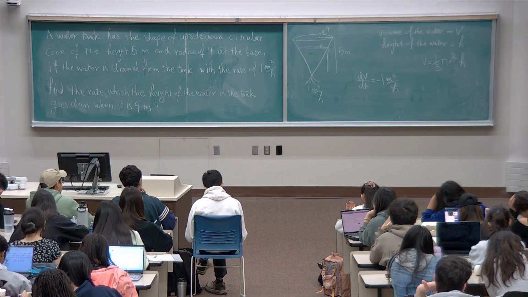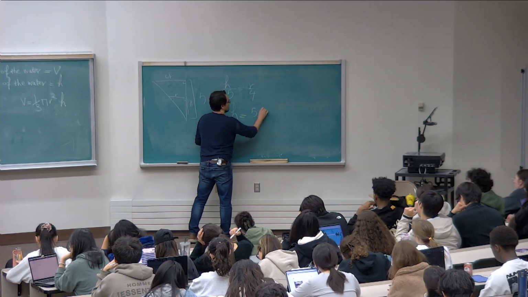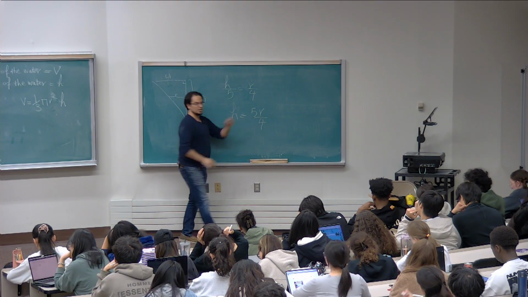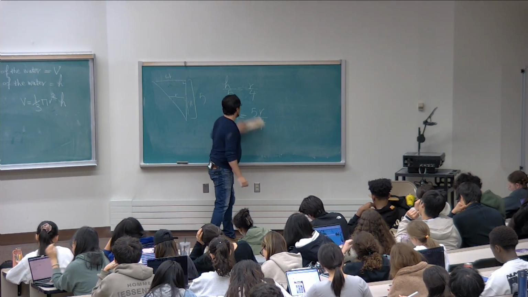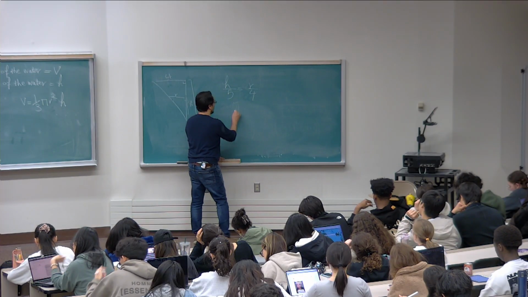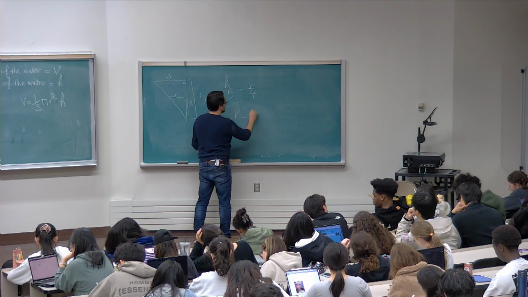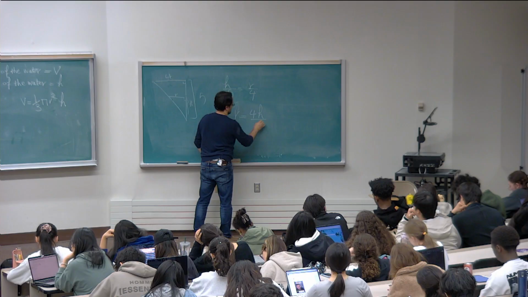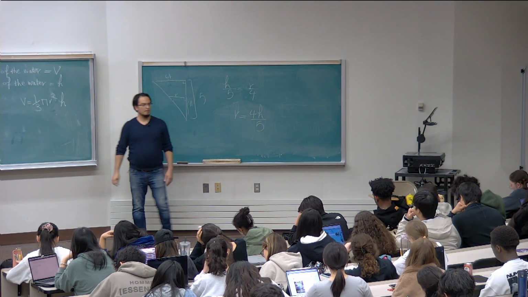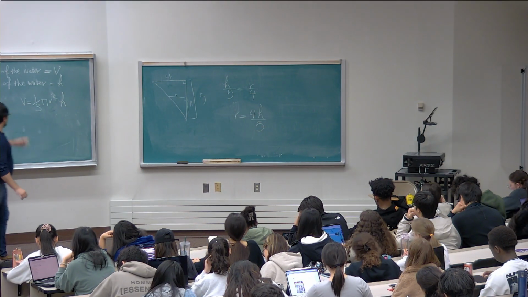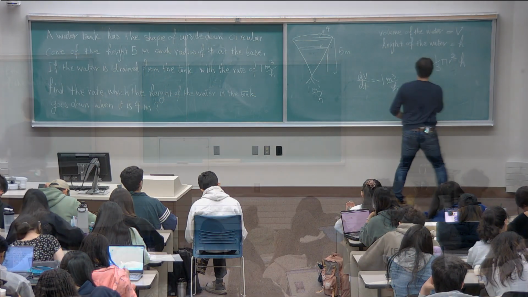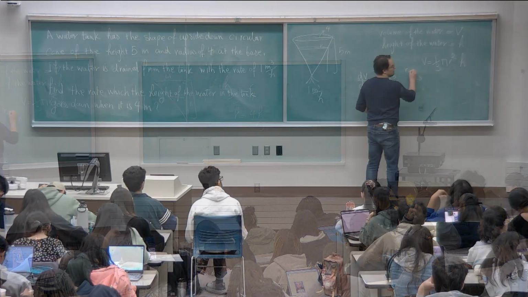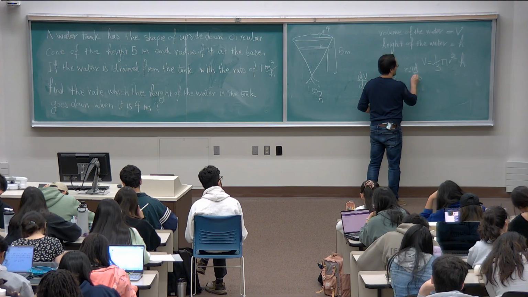In other words, I can write H in terms of R, or maybe I should have done the other way around. I wanted to write R in terms of H. Now, let's revisit this knowing that R is equal to 4H over 5.